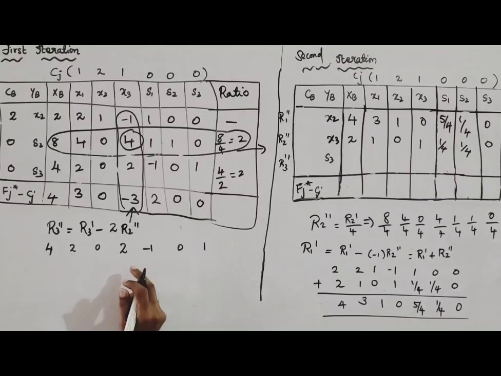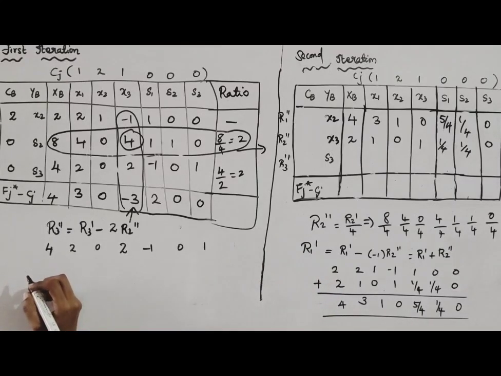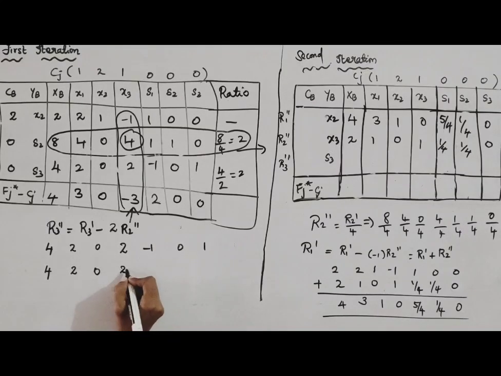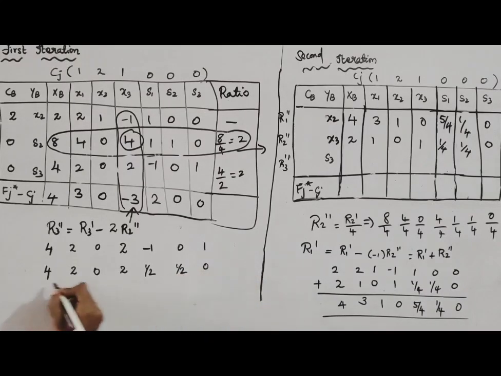What is R2 double dash? 2, 1, 0, 1, 1 by 4, 1 by 4, 0, right? While multiplying 2 with R2 double dash, we are getting 2 into 2, 4, 2 into 1, 2, 2 into 0, 0, 2 into 1, 2, 2 into 1 by 4, 1 by 2, 2 into 1 by 4, again 1 by 2, 2 into 0, 0.